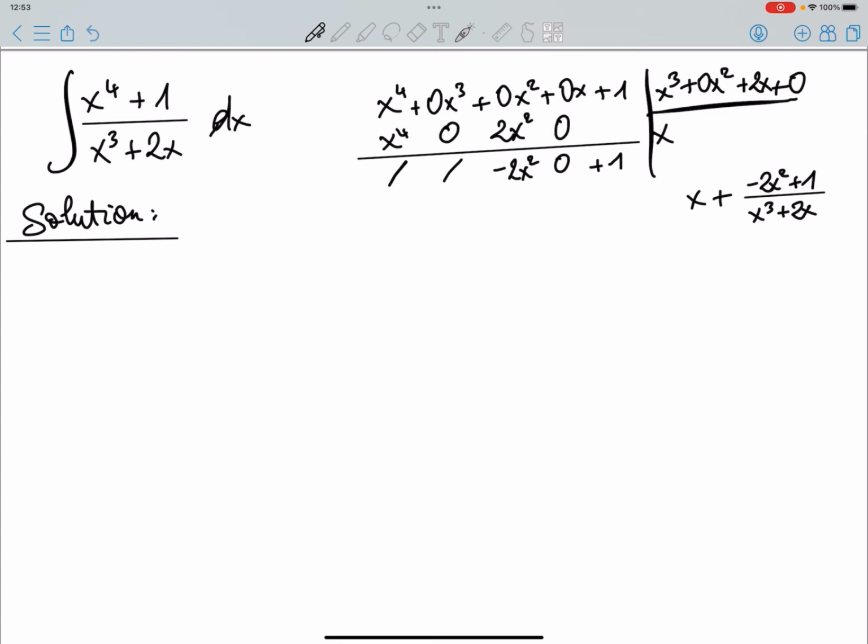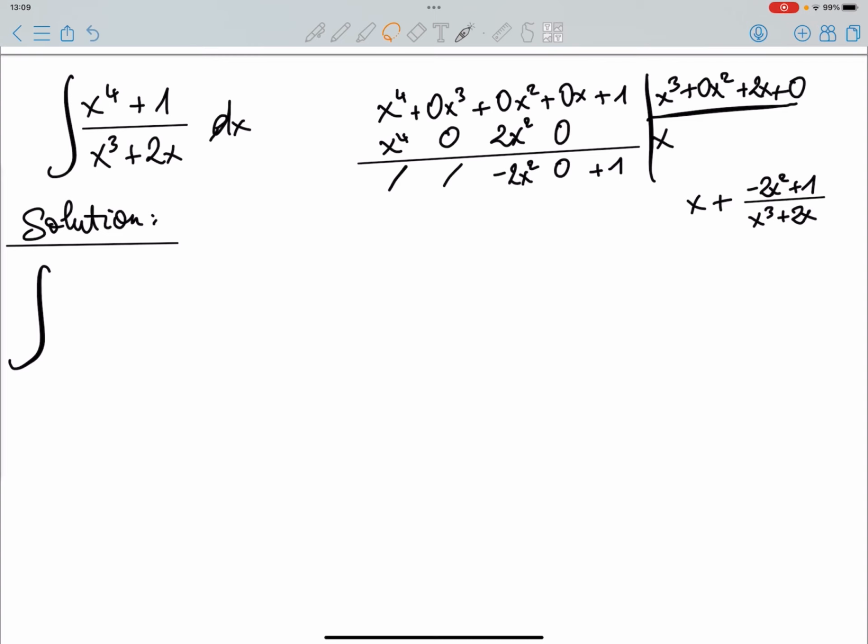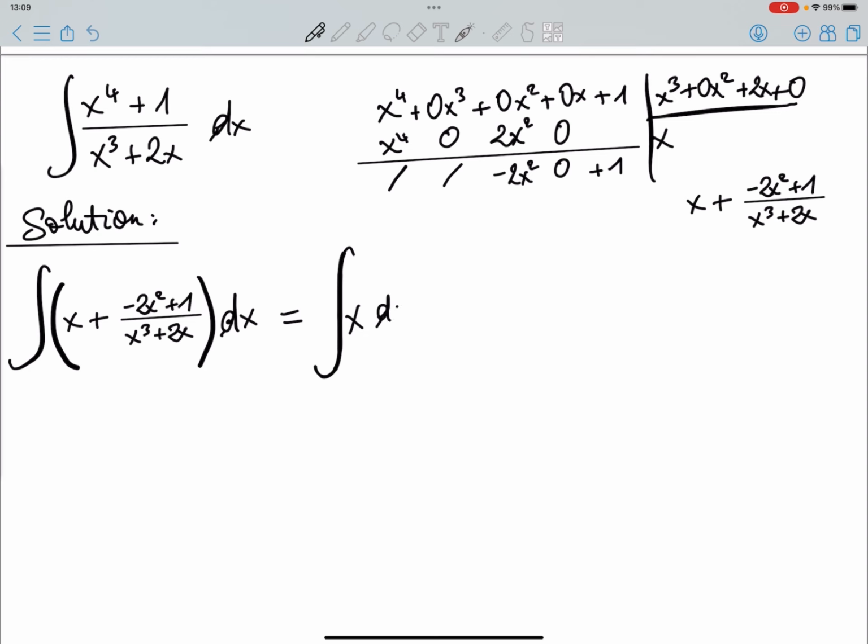So our integral is going to be the integral of this with respect to x. Now this is equal to the integral of x with respect to x plus the integral of minus 2x squared plus 1 over x cubed plus 2x with respect to x.